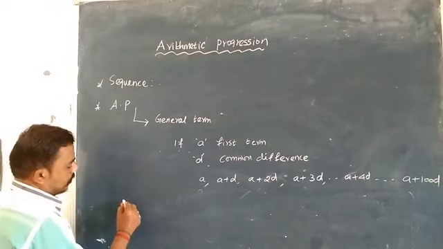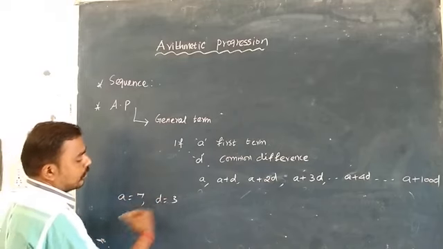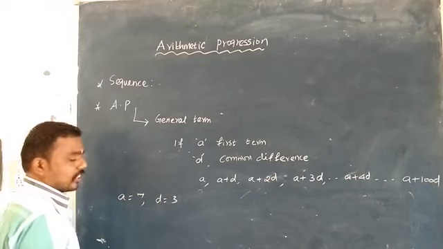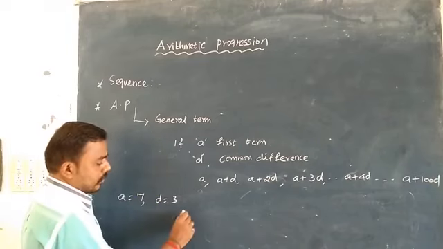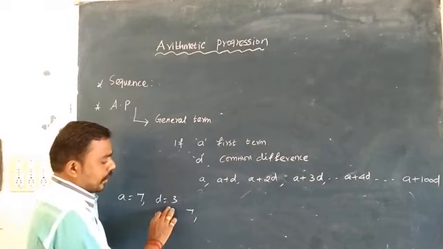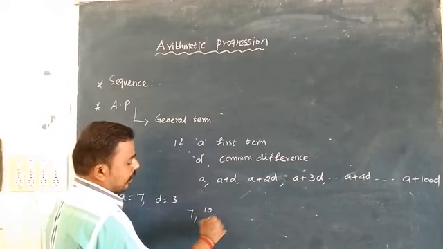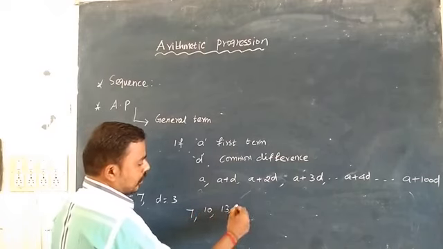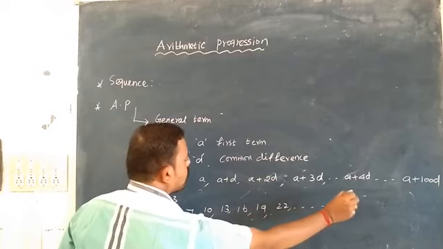Suppose A equals 7 and D equals 3. Now we need to write the AP. A equals 7, so the first number is 7. D equals 3, positive, so we can write 10, 13, 16, 19, 22 and so on.